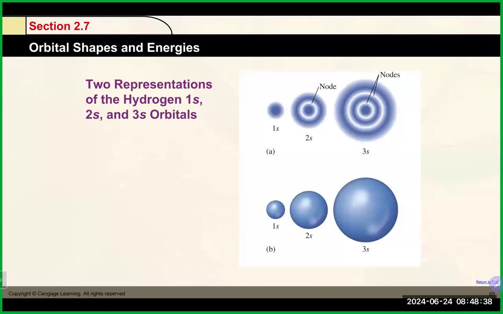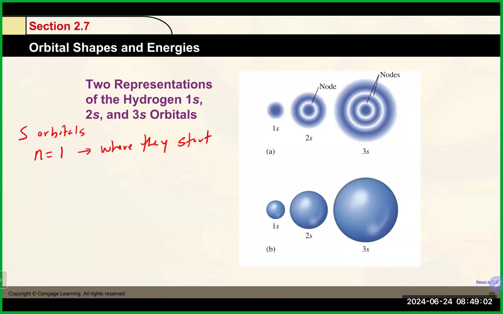Taking a look at these orbitals, this is the s orbital, and let's talk a little bit about s orbitals. They begin on the very first energy level, and you will have s orbitals on every energy level, starting with the first one.